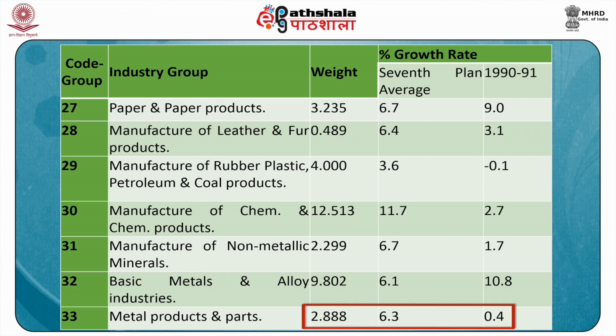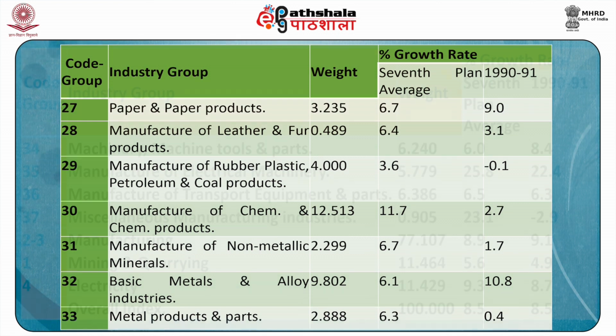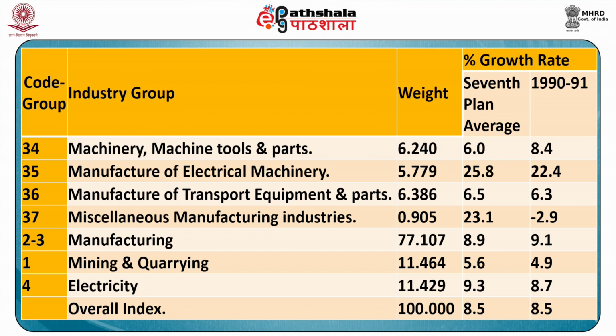Its weight was 2.888 with a growth rate of 6.3% in the 7th 5-year plan and 0.4% in 1990-91. Next is machinery, machine tools and parts. Its weight was 6.240 with a growth rate in the 7th 5-year plan of 6% and 8.4% in 1990-91.